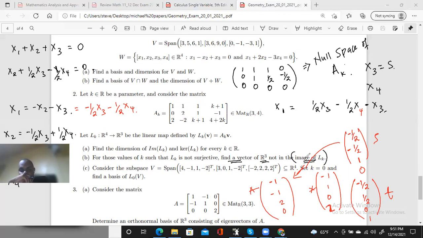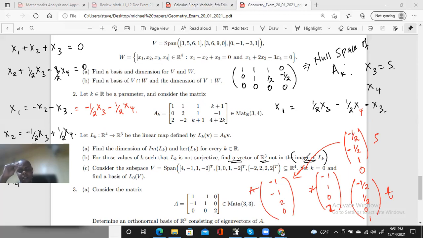So how do you know if it's surjective or not? It's only surjective if the rank of your matrix is equal to its dimension. That is the only time it's surjective.